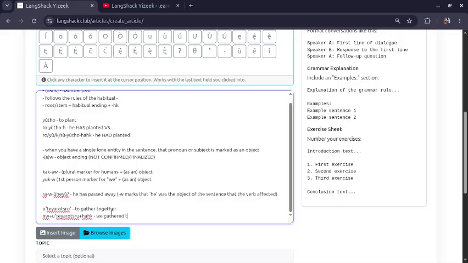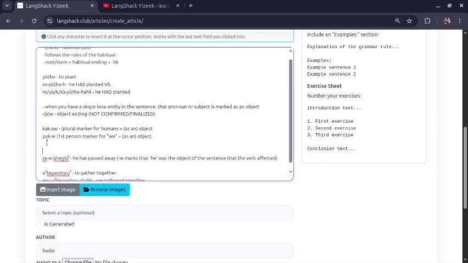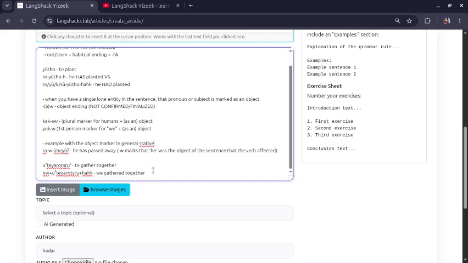That would mean we gathered together. Just call this an example with the object marker. General perfective or general stative will apply to this as well. We gather together, so nuteyarotsruhak. Okay. Nuteyarotsruhak. Something like this.